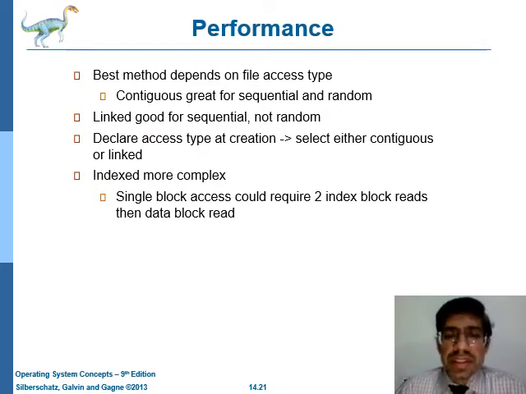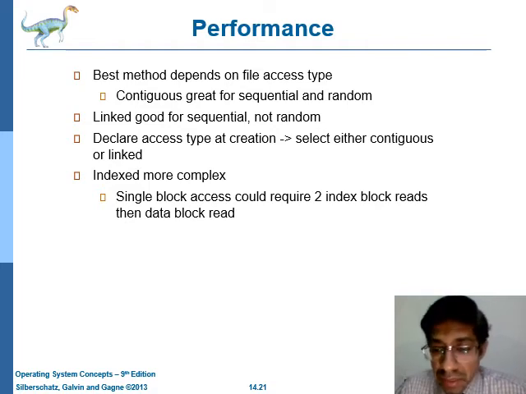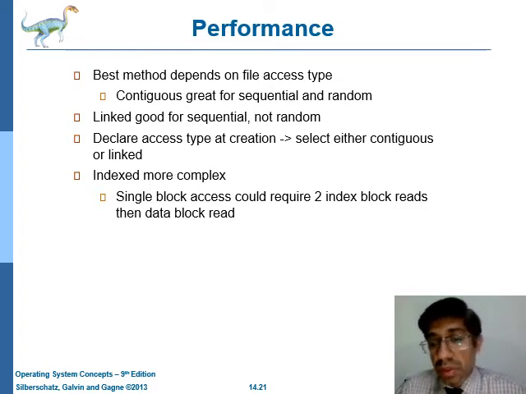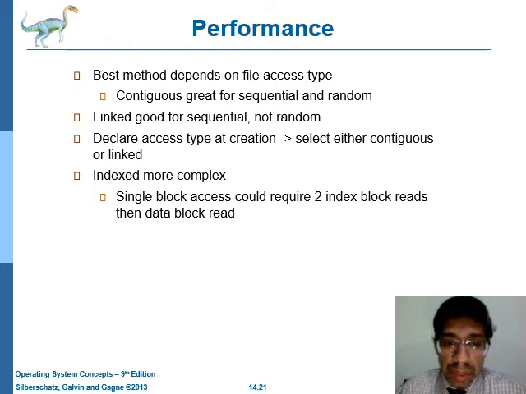The indexed file system is generally complex because it requires a lot of link management, and the more links or pointers are used, the more additional overhead there is in computation and in reaching the desired data block. A single-level indexed access could also require two index block reads and then one data block read.